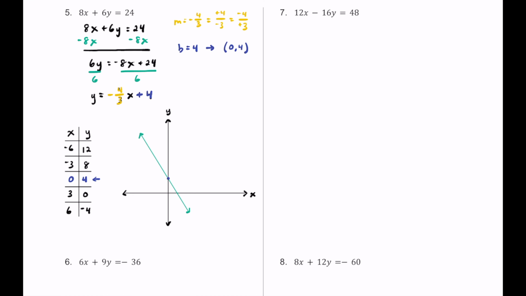And then let's see, we have this negative 6, 12. So let's see here. Maybe I'll put that right around here, roughly. And then we have negative 3, 8. That's got to be halfway in between. And then we have 3, 0. So that's going to be here. And then we have 6, negative 4, which must be somewhere around here, I'm guessing. Okay, it's got to be in quadrant 4. So there's a rough sketch of the graph.